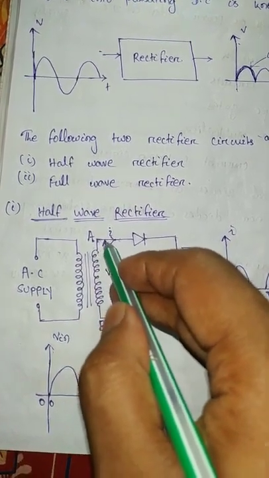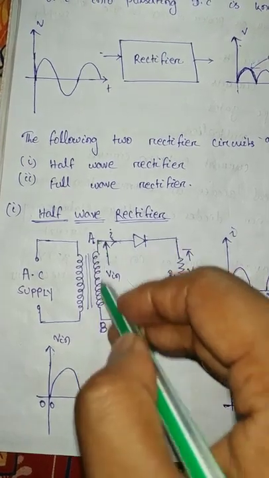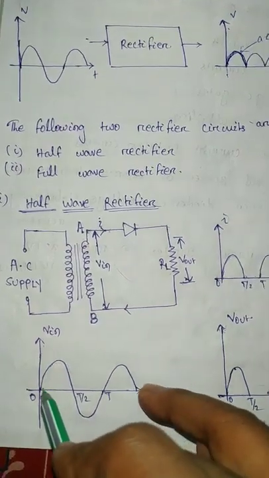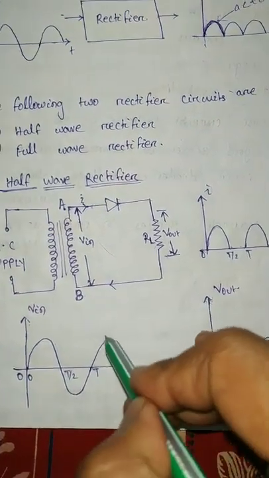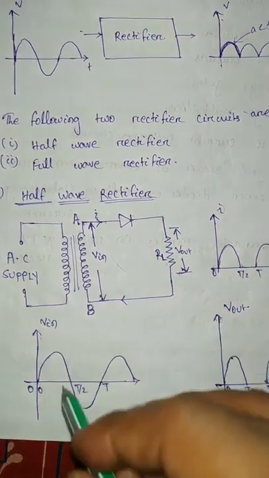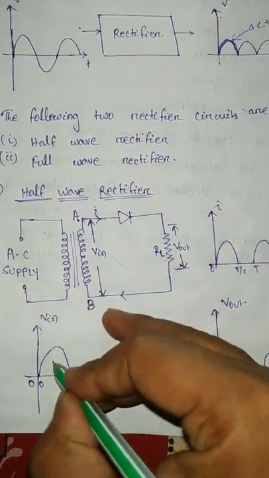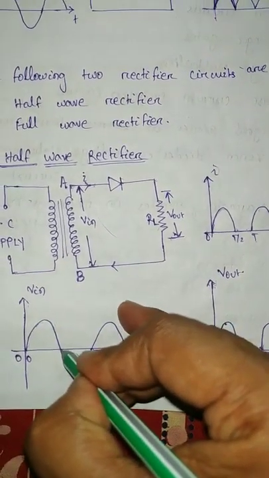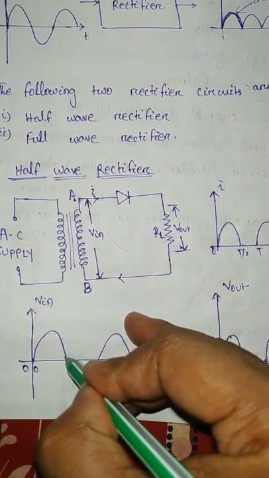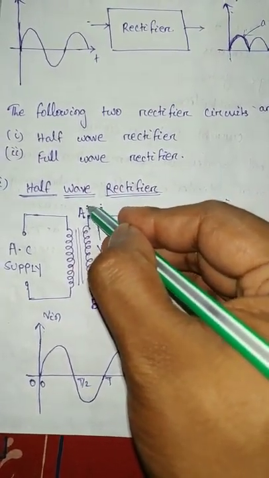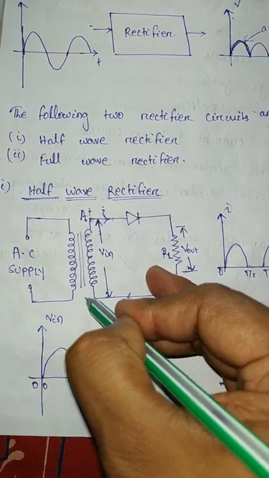As you see, Vin is across AB in the secondary winding, and we give a sinusoidal input signal as the AC supply. During the positive half cycle, 0 to T by 2, end A becomes positive and the other end becomes negative.